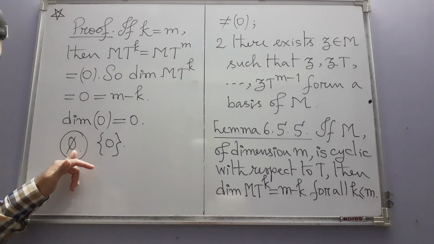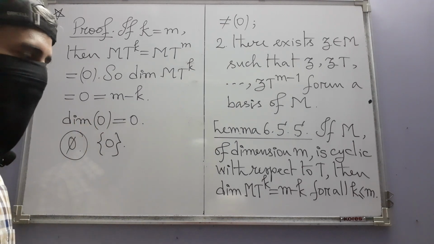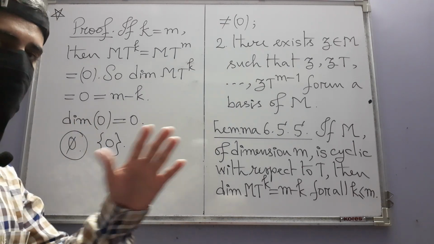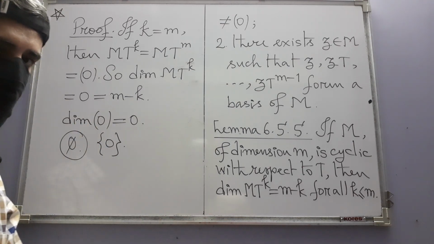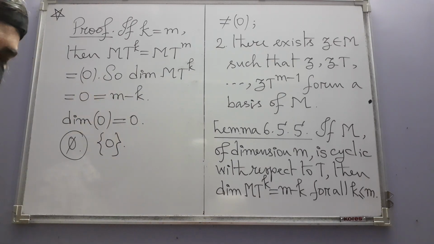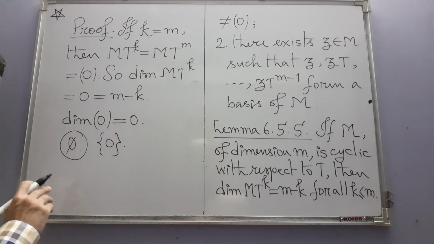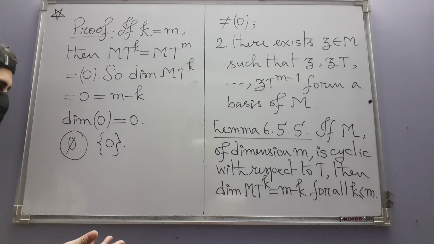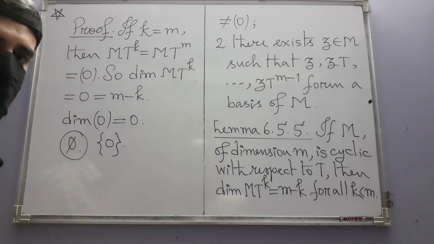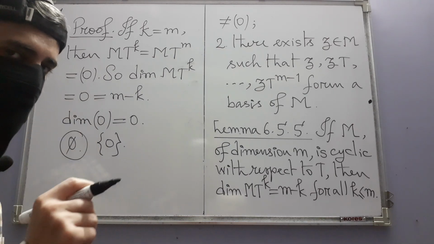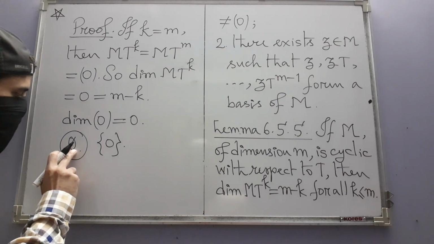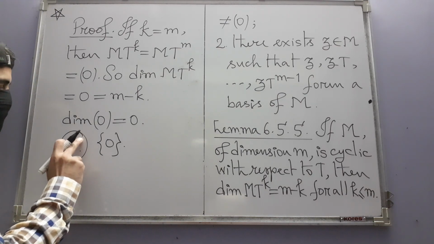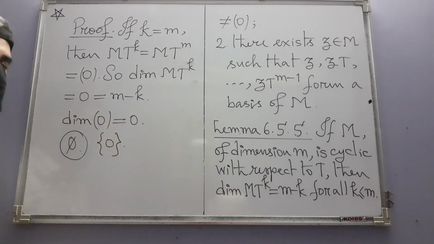How can the empty set span the zero space? I am not going to say anything more about that right now because we are doing something else. If you do not remember how that is the case, try to think of it, or go back to your dimension theory and see there how it is that the empty set spans the zero space.